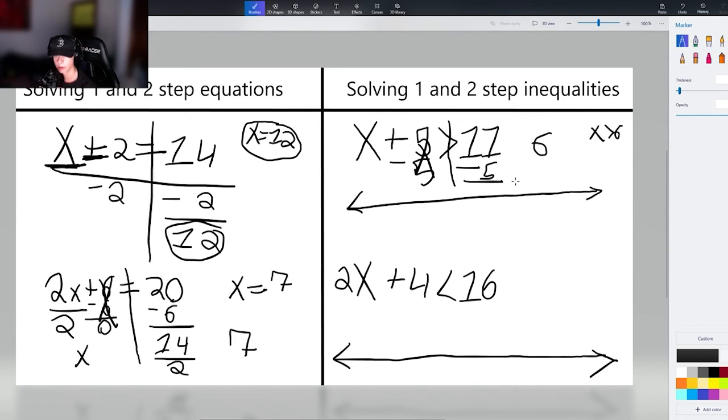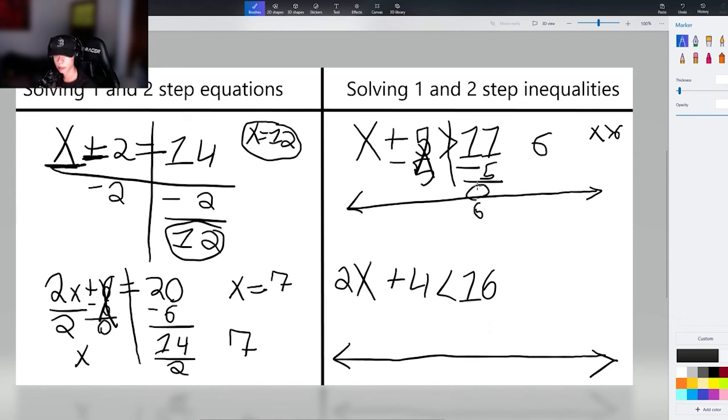And then to graph it, on this line, I have no numbers already, so you can really just plot 6. So right here, let's just say this is 6. And also because this is only greater than, not greater than or equal to, which would have the little line, this is an open circle, actually.